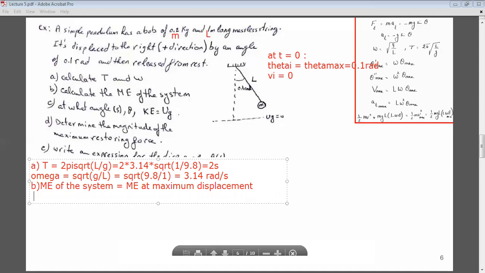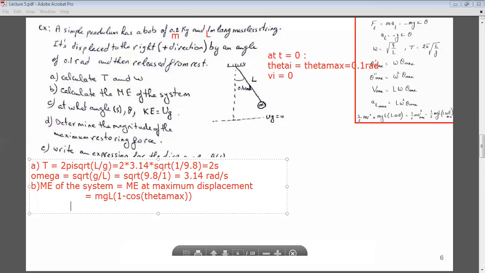What's happening at maximum displacement? At maximum displacement, I don't have kinetic energy. I only have mgh, right? Where we agreed h is L into 1 minus cosine of theta maximum.